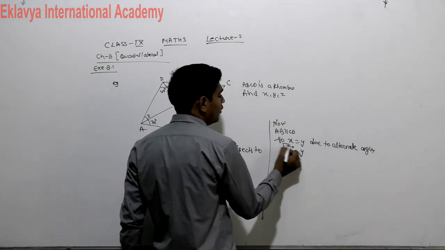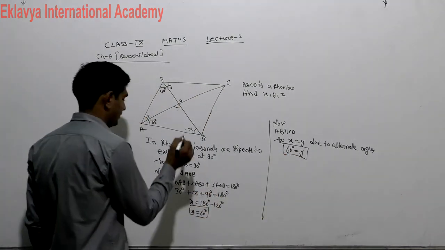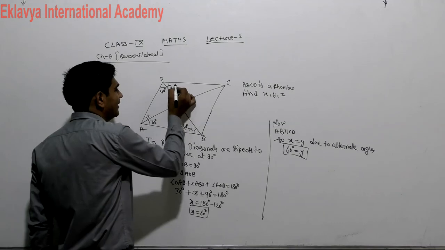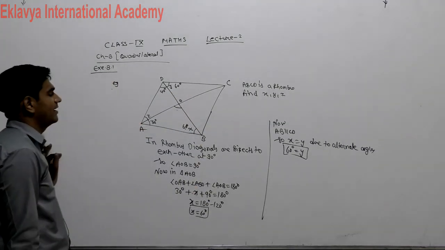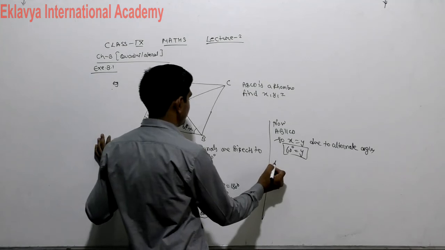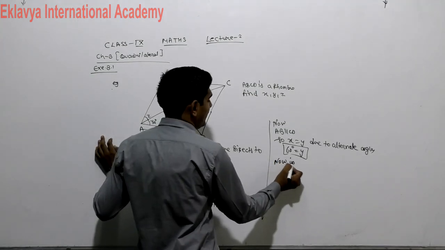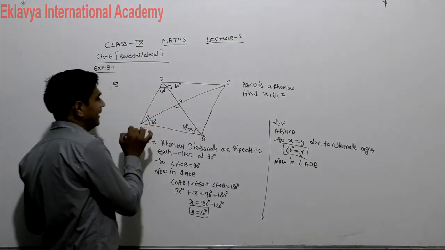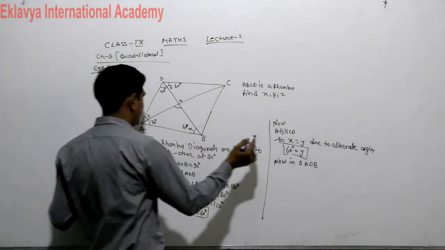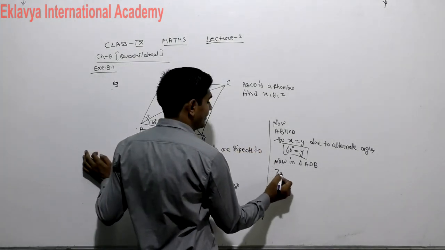So what is the value of y? Y is also 60. आपने ये 60 calculate कर लिया. That is also 60. Now how we will find out the z value? Now in triangle ADB, using angle sum property क्या बनेगा?